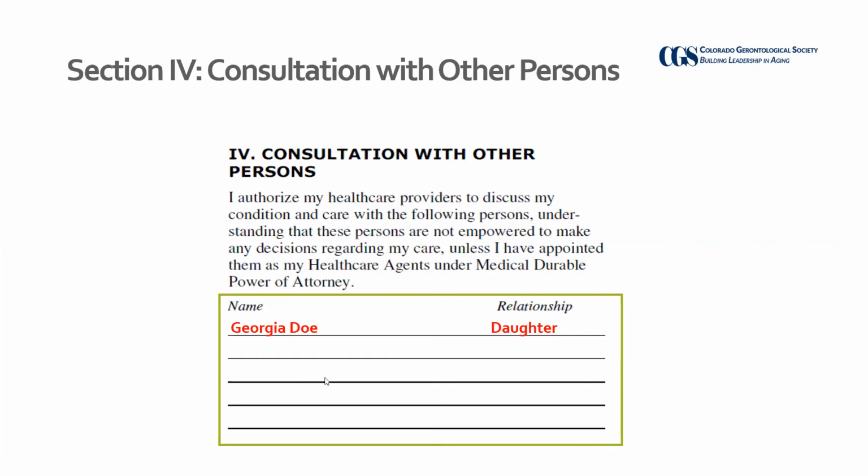If you have more than those individuals, you could go ahead and attach that to your document. And if you change your mind at any point, then you would have to review your document and complete a new one. But this is what it would look like. And just know that if you're handwriting this, it needs to be legible, please.